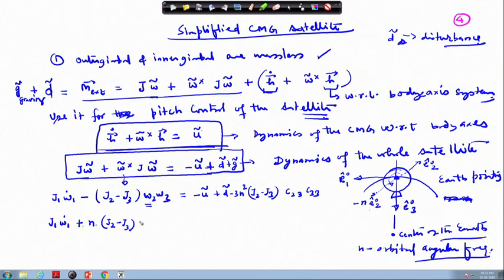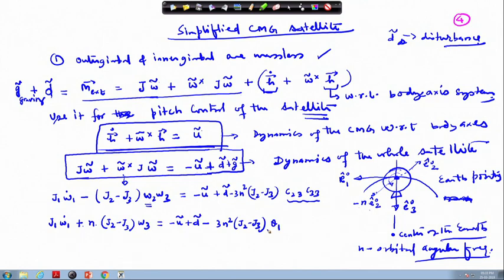So, that will make it plus omega 3, and this will be equal to minus u tilde plus the disturbance minus 3 n square J 2 minus J 3, and this quantity, if you remember, we have written this as theta 1.